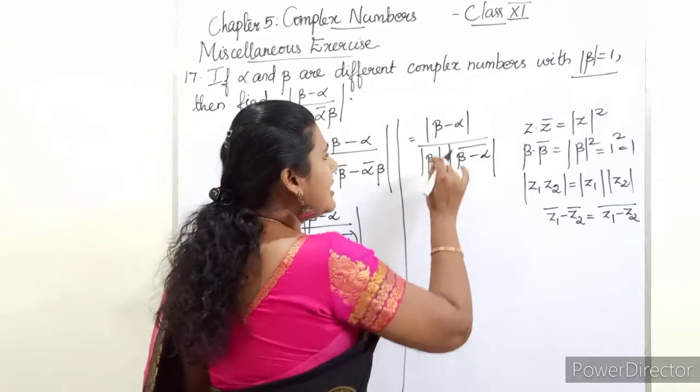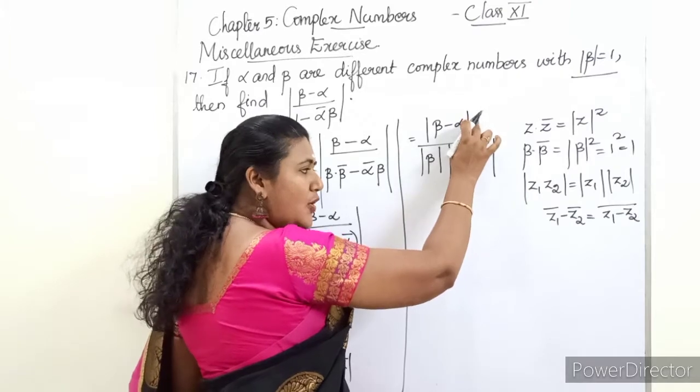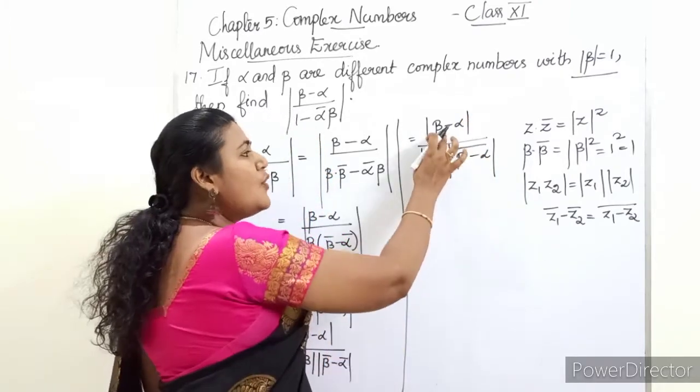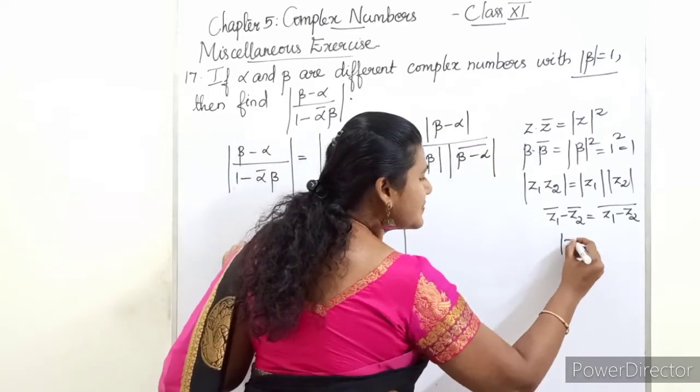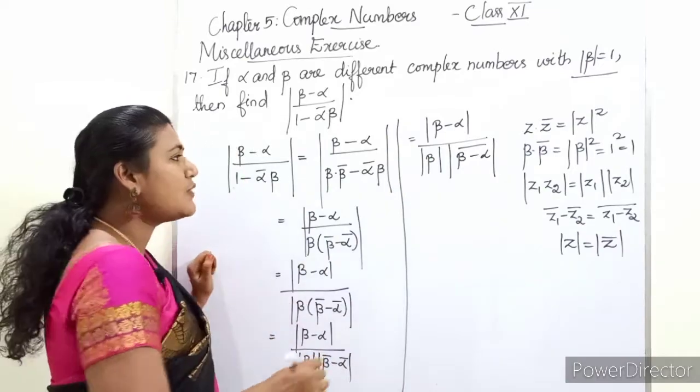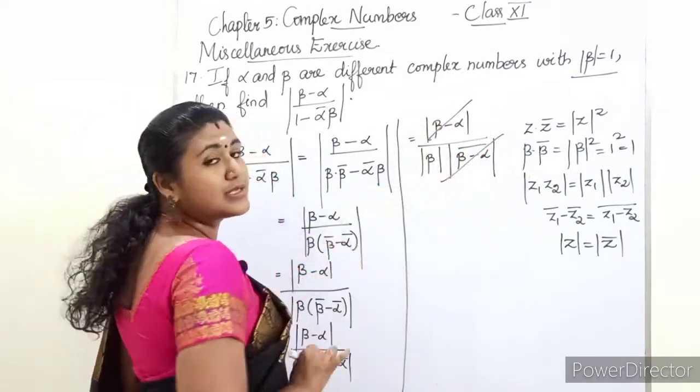Now you see, modulus of (beta minus alpha) and modulus of its conjugate are both equal, because mod z and modulus of z bar are the same. So we can cancel these two terms.